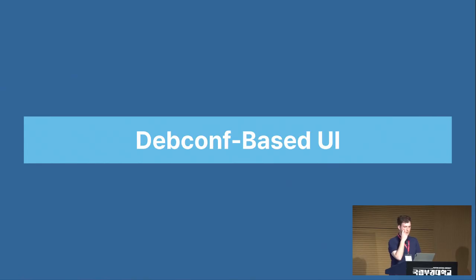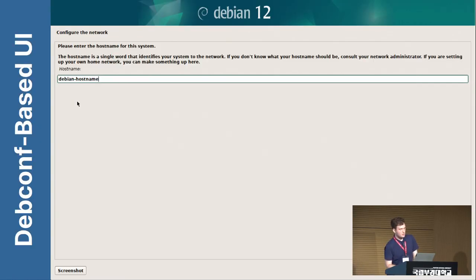There's ideas about DebConf-based UI that I have, which is like this. Debian Installer is basically this very wide, well, at least the graphical part is very wide, not very appealing system.